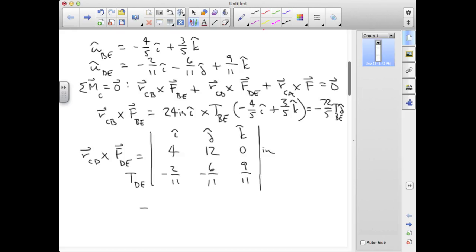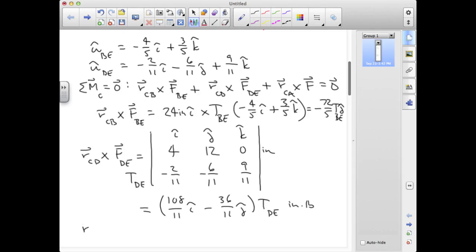If I evaluate that in the I direction, I get 9 times 12 is 108/11 in I. In the minus J direction, I have 4 times 9 is 36, so I end up with minus 36/11 J. And you'll notice the K component is 0 because we get a minus 24 minus a minus 24, which is 0. So there's no K component. And we have just this in units of inch-pounds.